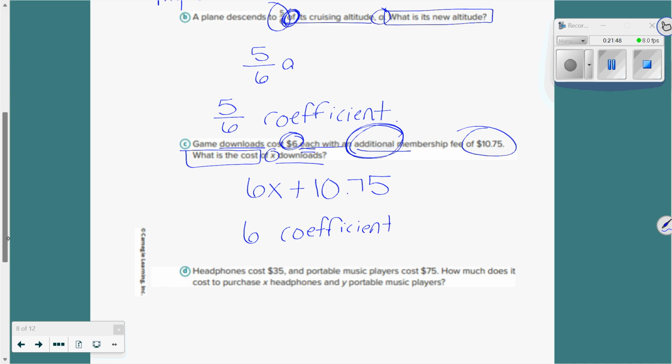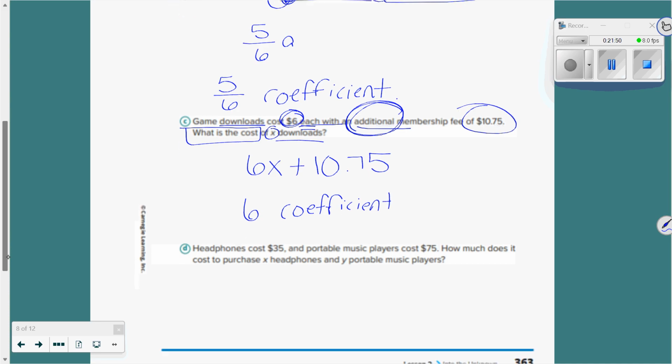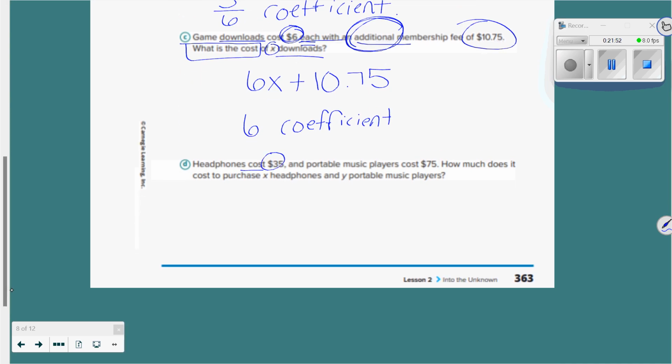Good job. And the last one, headphones cost $35 and portable music players cost $75. How much does it cost to purchase X headphones and Y portable music players? Who can tell me my expression? I cannot accept that answer for the second time today.